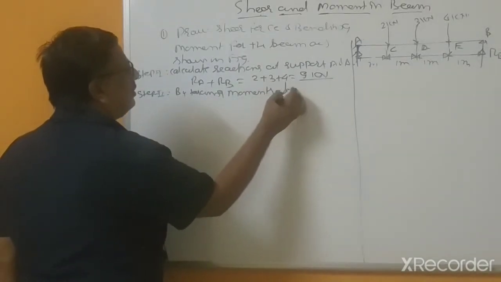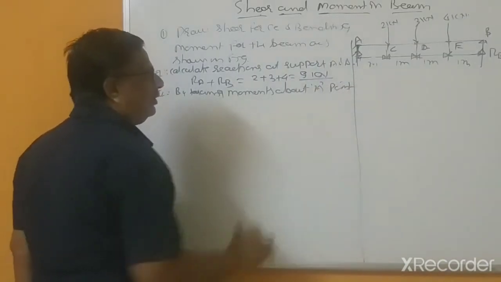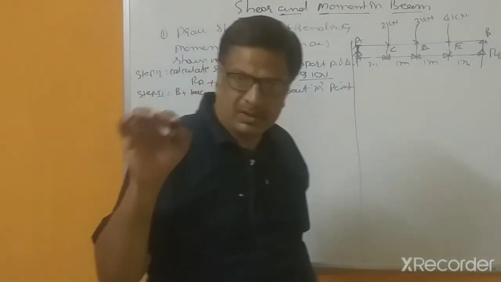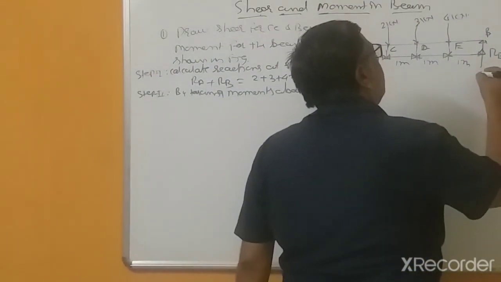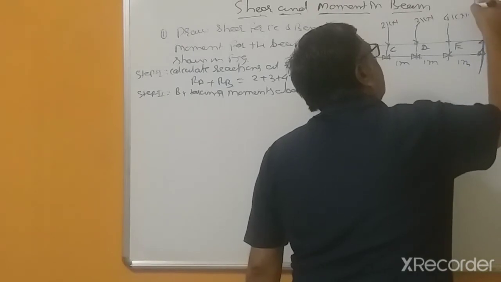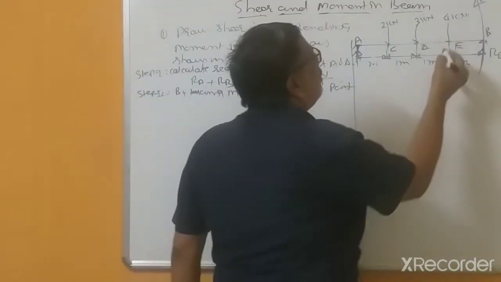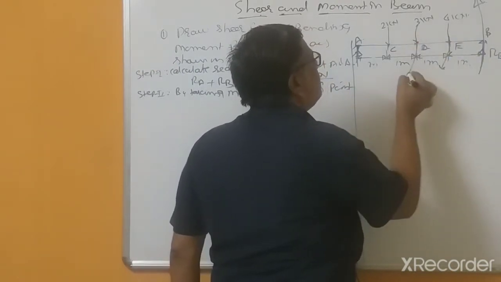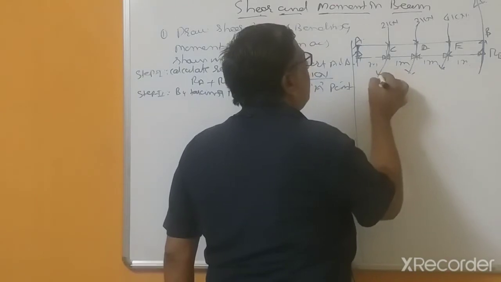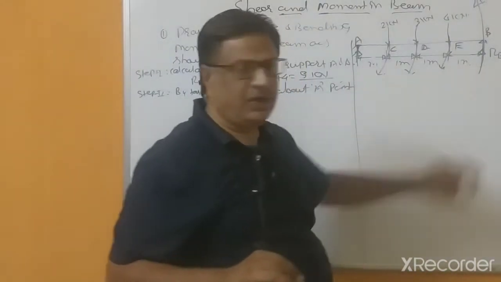Now at point A, first see point B, the reaction RB produces one moment, which is anti-clockwise, and there are three moments from the loads, because 4 kilonewton is multiplied by its distance, this is second, and this is third. And this force RB is multiplied by 4.